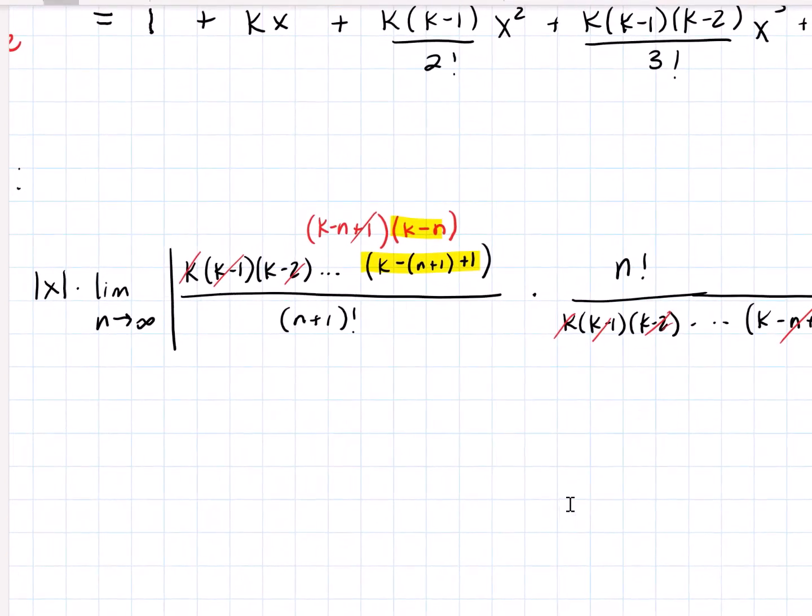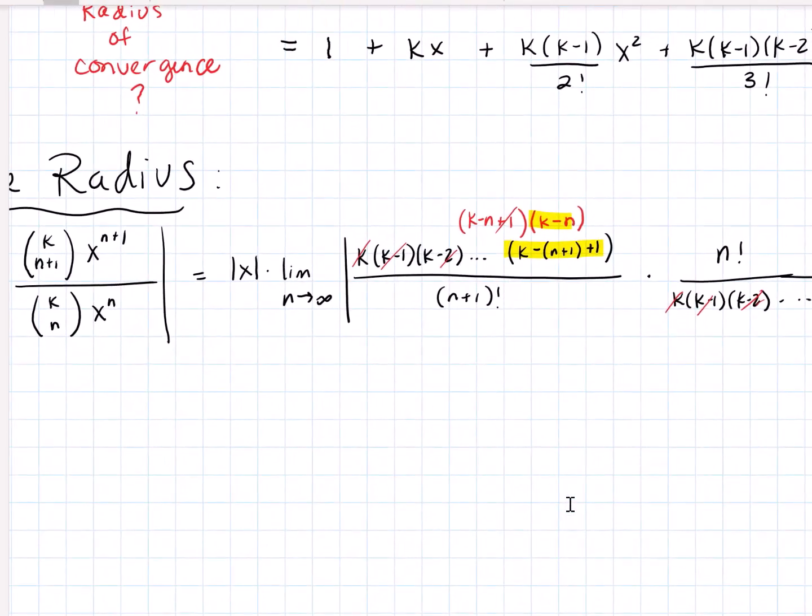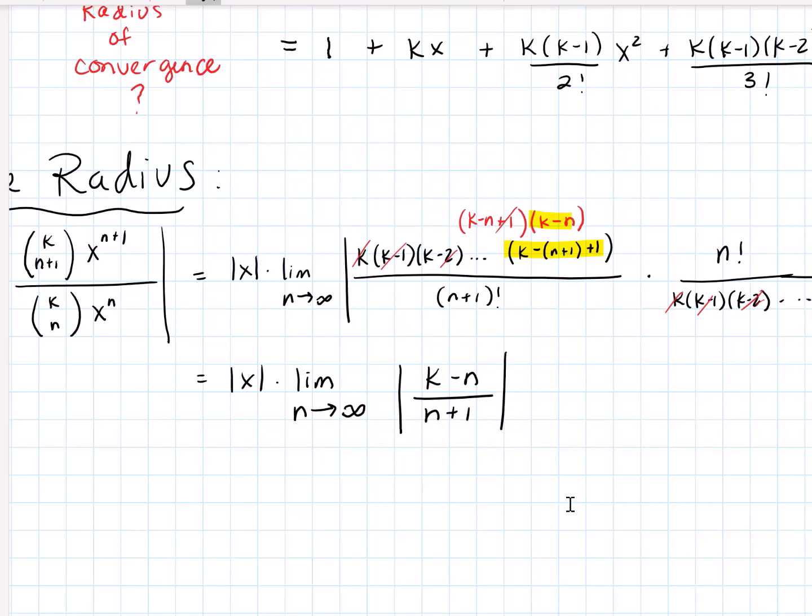And so this ends up becoming the absolute value of x times the limit as, once I get through all that reduction, I end up with just k minus n over n plus 1. As I expand out those coefficients and then do the reduction, that's all I end up with.